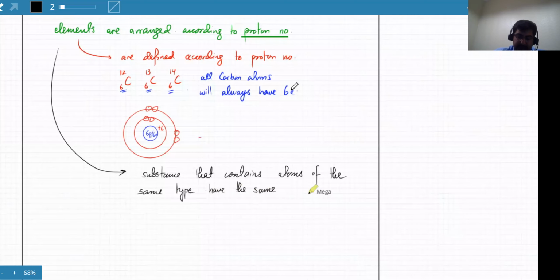You can also call it the atomic number, same proton number or atomic number.